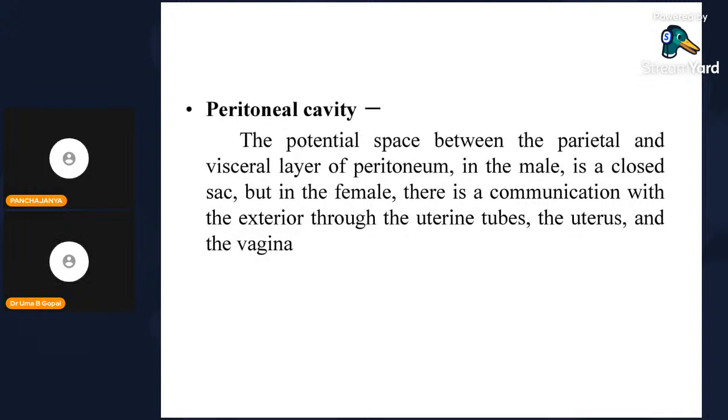Okay. How many slides more? I will delete. Reduced. Can you see the slide? Wait.